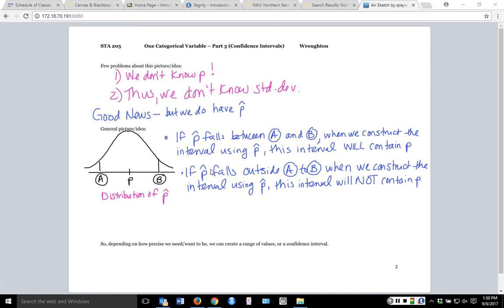But what I hope is my 29% is close to the right number. So instead of saying 29%, I'm going to create an interval around it using P hat, and I might come back and say, well, I believe that between 25 and 33% of all Boone County elementary school students are eligible for free or reduced lunch.